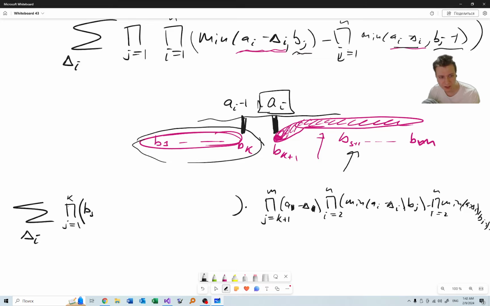We have bj times the product from i equals 2 to n of this minimum, then minus bj minus 1 times the same product: ai minus delta i, bj minus 1.